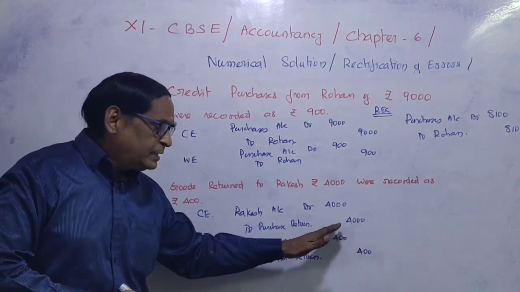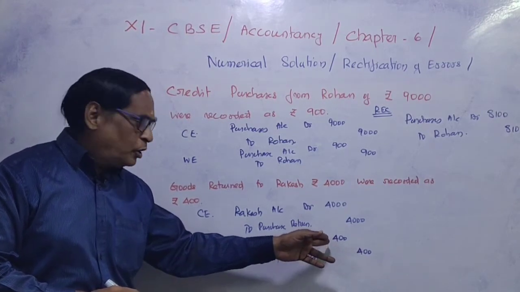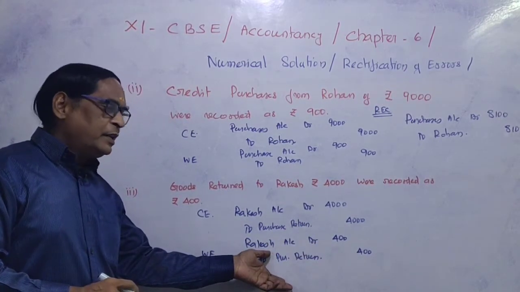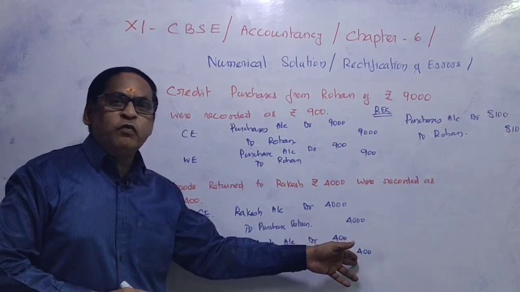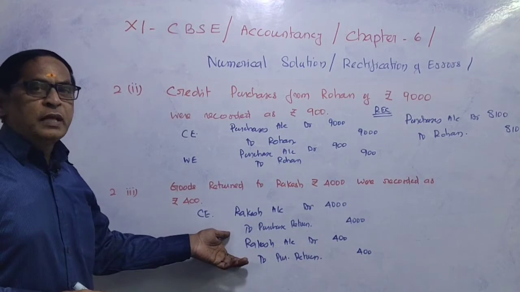So there is a decrease in value of 3,600 rupees. And then in purchase return also, instead of 4,000, they have mentioned only 400 rupees. So the difference is 3,600. So we have to pass another entry.